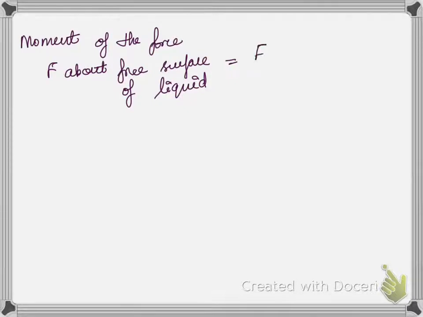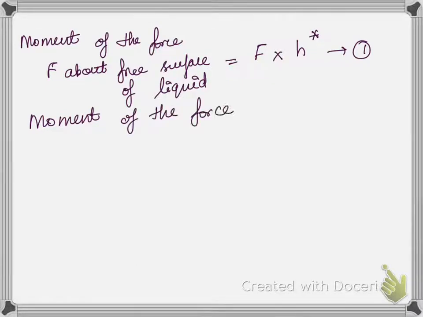Force is going to be F, and the perpendicular distance from the center of pressure will be H star. As usual, we have subdivided into small strips. So for the moment of force dF, we are going to calculate for the small strip and then integrate it to get the total. The moment of dF is equal to dF into H.